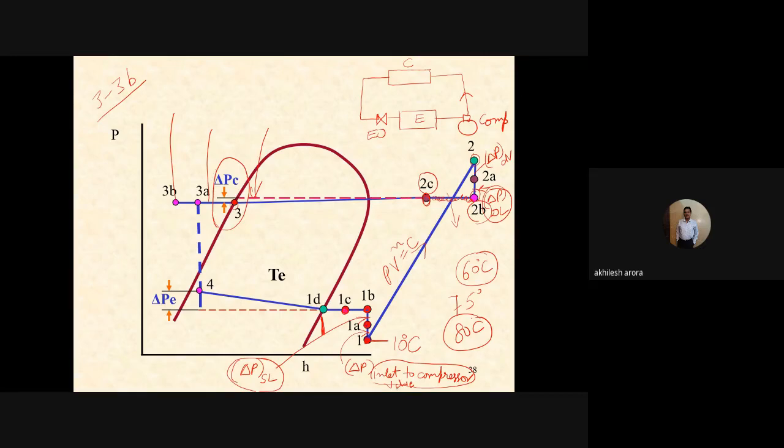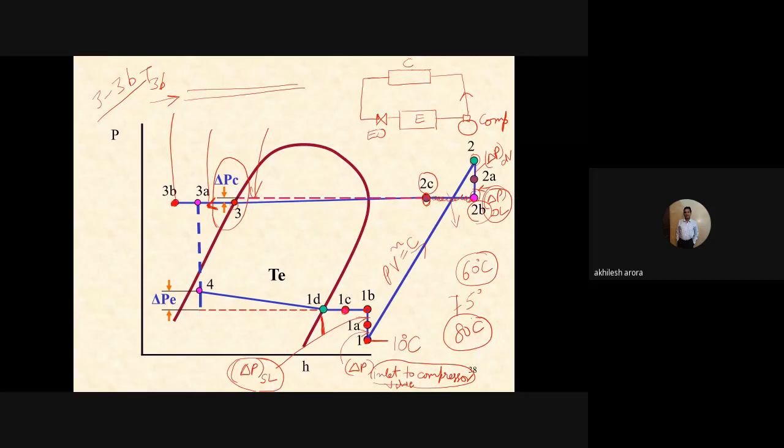Now what happens? The refrigerant first goes in this direction from 3 to 3B. It reaches this particular point, but then it enters the liquid line. Suppose this is the liquid line. The entry point here is 3B and the temperature is T3B.